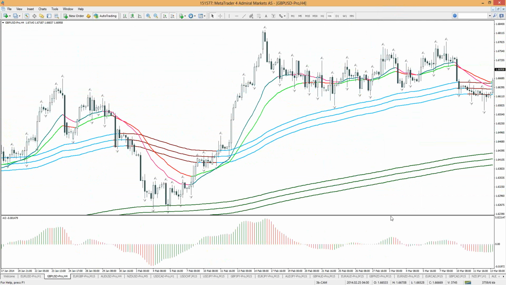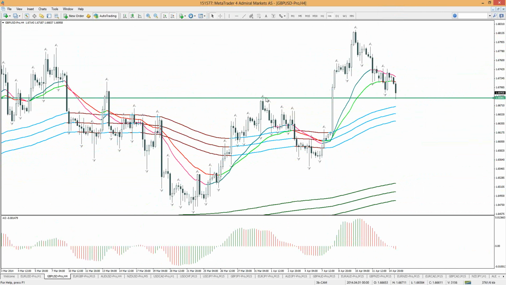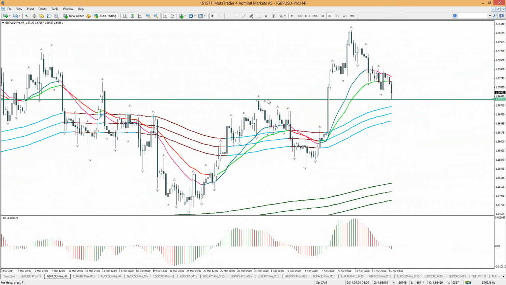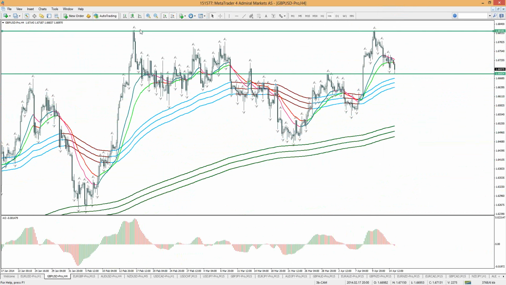Pound doesn't have divergence between the last 4-hour tops here. In fact, pound bounced to the pip off of this broken top here, as we can see. And from this perspective, I would personally be interested in upside, but not right now, right here at the moment.